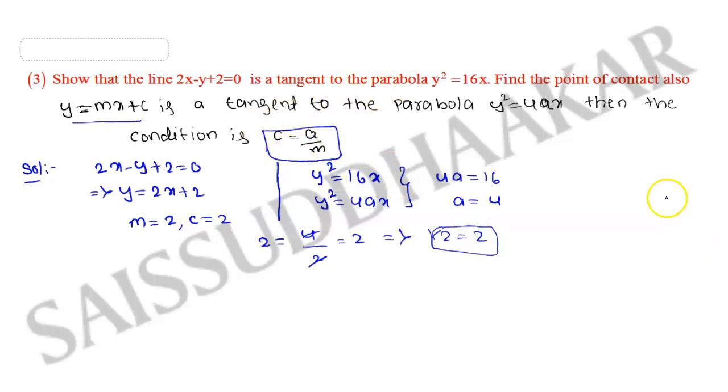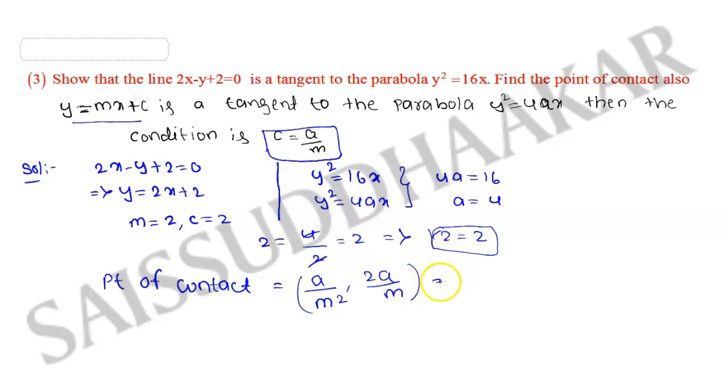Okay. Now in the question he is asking to find the point of contact. So here the point of contact is given by the formula a by m square comma 2a by m. What is that formula? a by m square comma 2a by m.